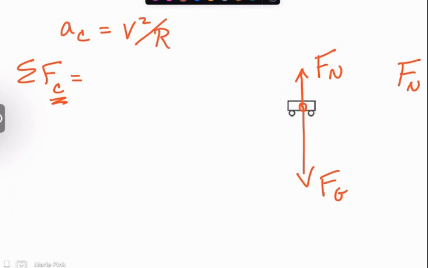There is no way to ever get a negative acceleration towards the center of a circle, so you have to make sure that your force diagram accounts for it. So that means I'm doing plus Fg, because that's towards the center of the circle, minus Fn, because that's away from the center of the circle, is equal to mass times the acceleration towards the center of the circle.